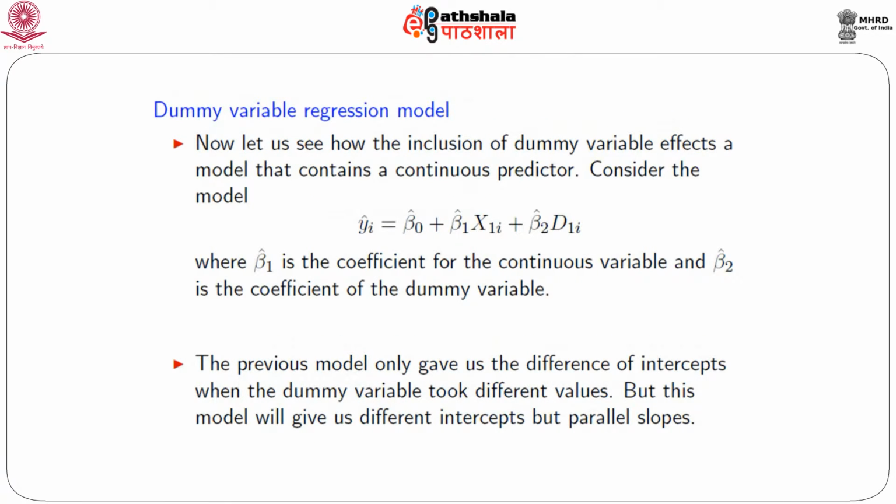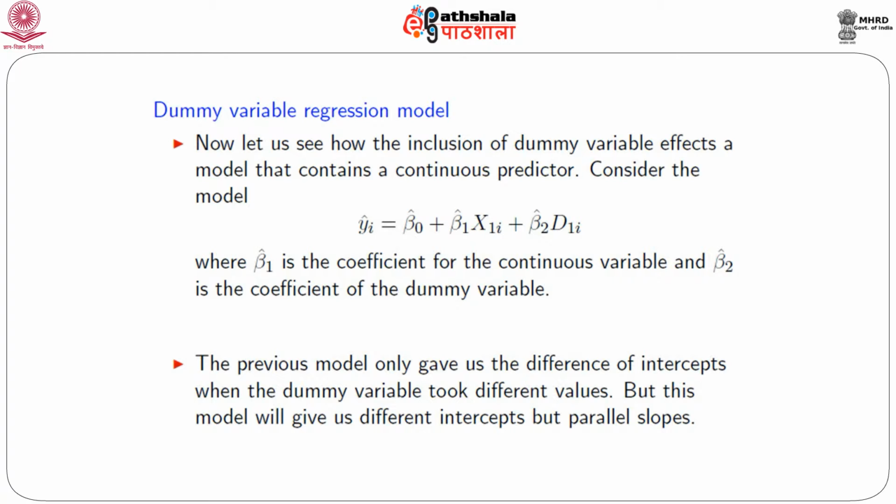Now let us see how the inclusion of a dummy variable affects a model that contains a continuous predictor. As I had already explained in the example, when we have two variables, one of which is continuous and the other is categorical, consider the model y_i hat equals beta naught hat plus beta 1 hat x_1i plus beta 2 hat d_1i, where beta 1 hat is the coefficient for the continuous variable and beta 2 hat is the coefficient for the dummy variable.